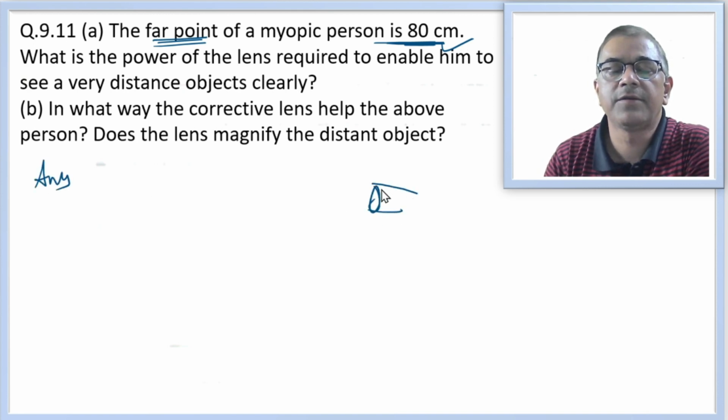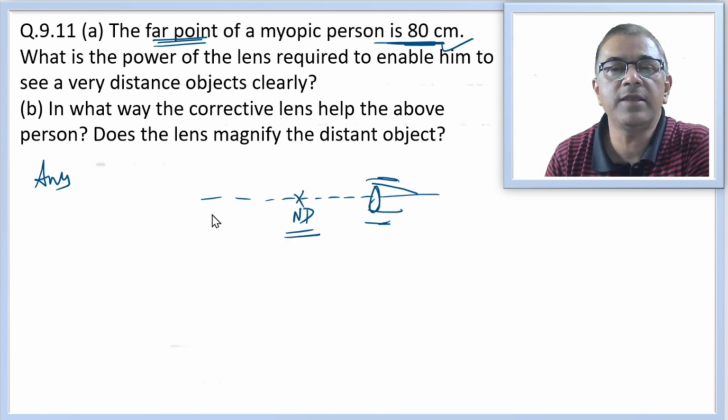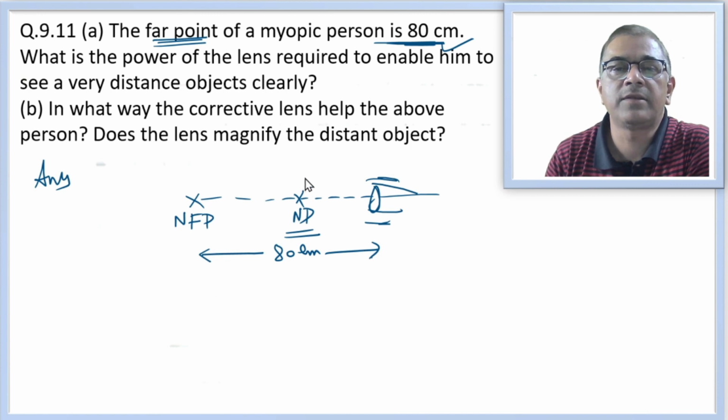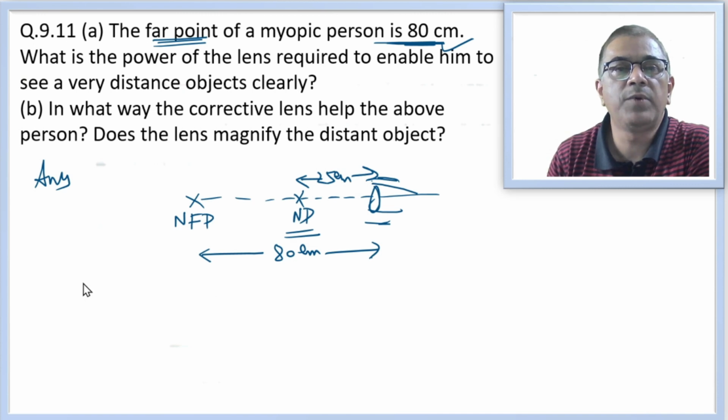This happens to be the optical axis of the eye lens. This is the near point of the eye, and this happens to be the new far point. According to the problem, this new far point is at 80 centimeter, and the near point is always 25 centimeter unless otherwise given.